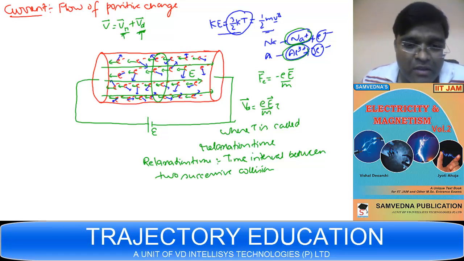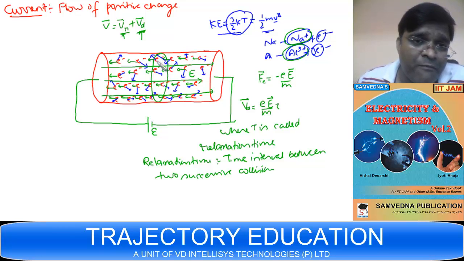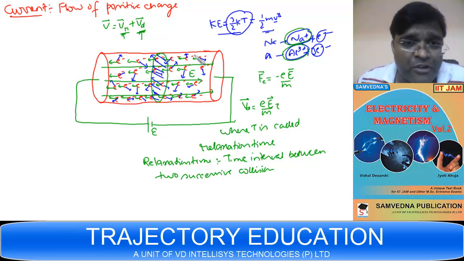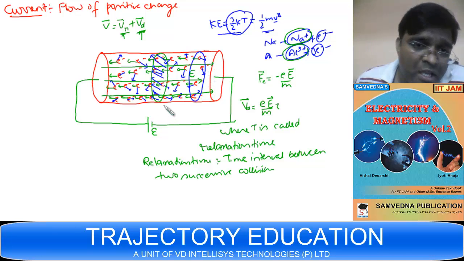Now let's try to get the expression of current. Current is the amount of charge flowing across the cross section per second. So first of all, tell me the number of electrons passing through this cross section per unit time. The electron travels a distance of Vd in 1 second.